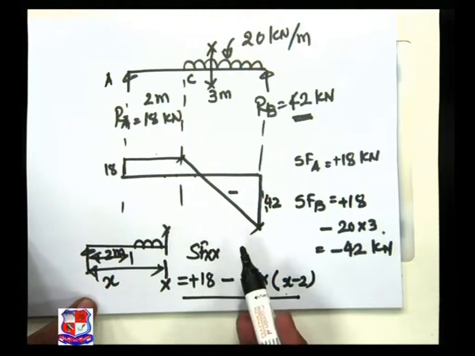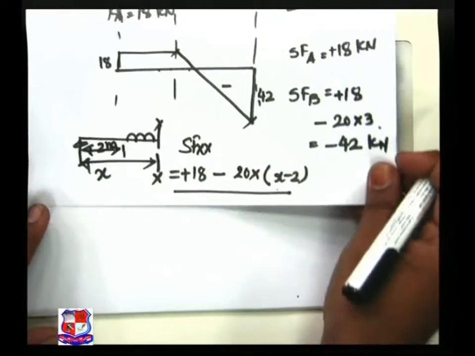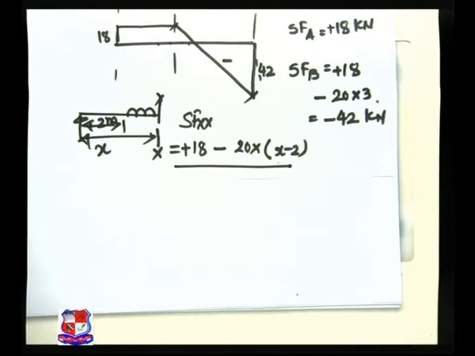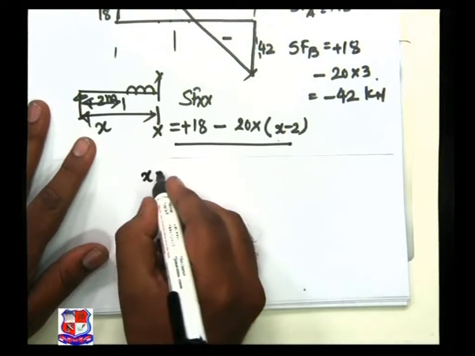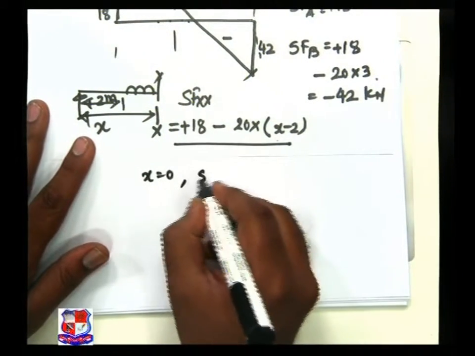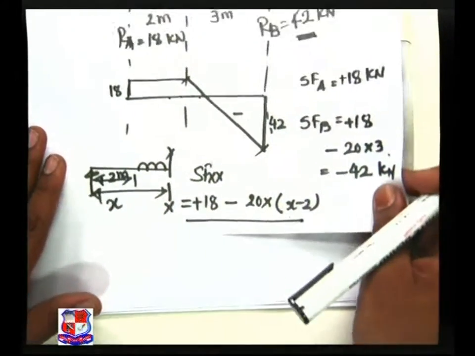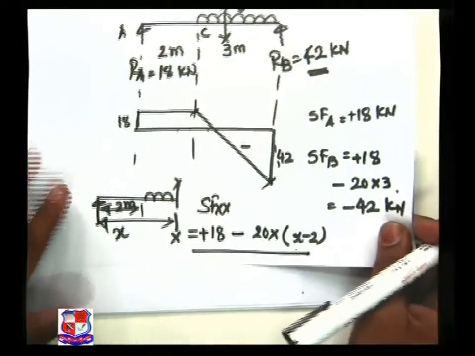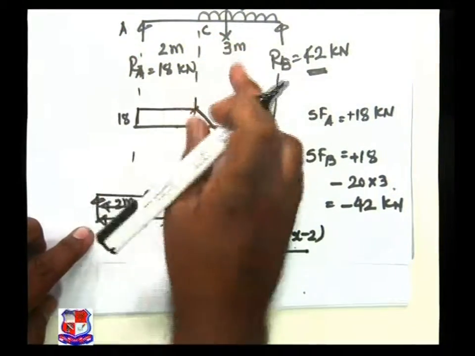But even though if you have a doubt, then we have to put x equal to 0 in this equation. If x is equal to 0, then SF at what place? See the figure over here. The distance x is from A. This is the distance, this one, x. So x is equal to 0.